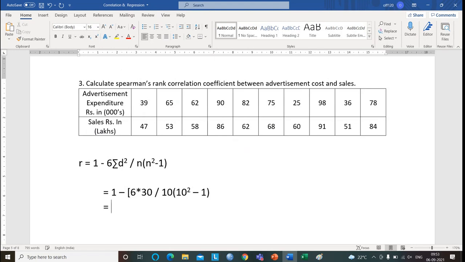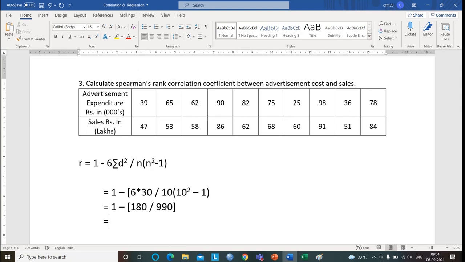So that is equal to 1 minus 6 3s are 18, so 180 divided by 10 into 10 square minus 1. So 10 square is 100, 100 minus 1 is 99, 99 into 10 becomes 990. Okay.